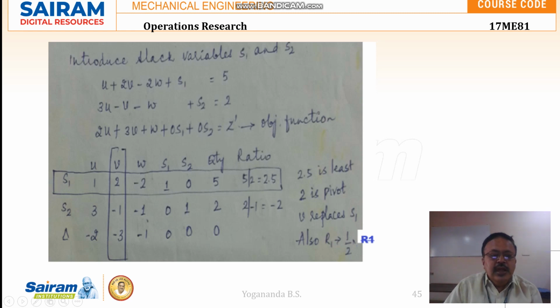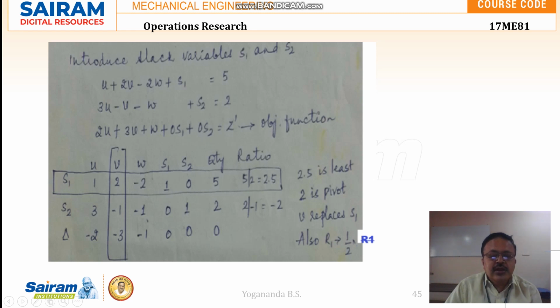Then taking the pivotal column, that is the most negative coefficient in the objective function row, that is minus 3. So making that the pivotal column, then the ratios will be found out. That is the solution divided by the pivotal column entries. So that is 5 divided by 2, that is 2.5, and then 2 divided by minus 1, that is minus 2.